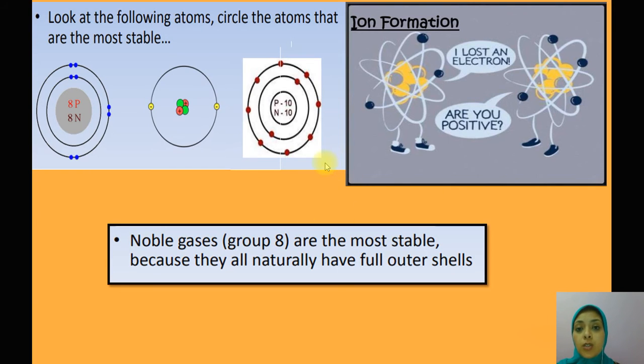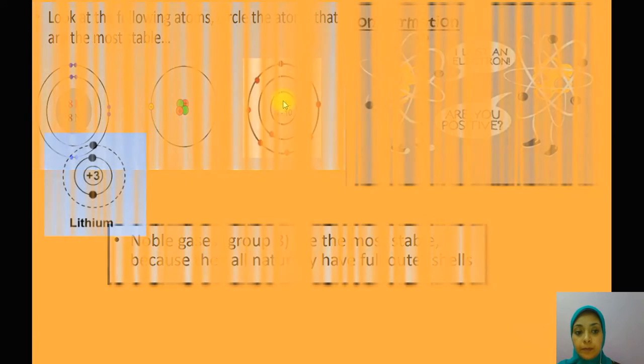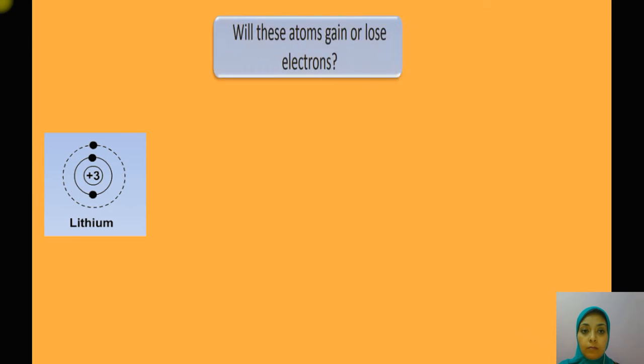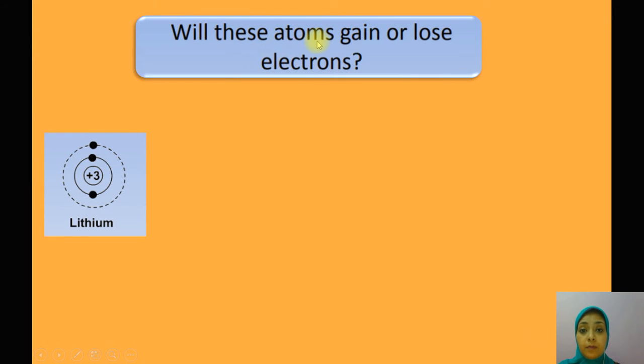Another exercise to know the ion formation for the positive ion or the negative ion. We have lithium, which contains 3 electrons. Will this atom gain or lose electrons? The atom loses or gains electrons to complete the outermost energy level.